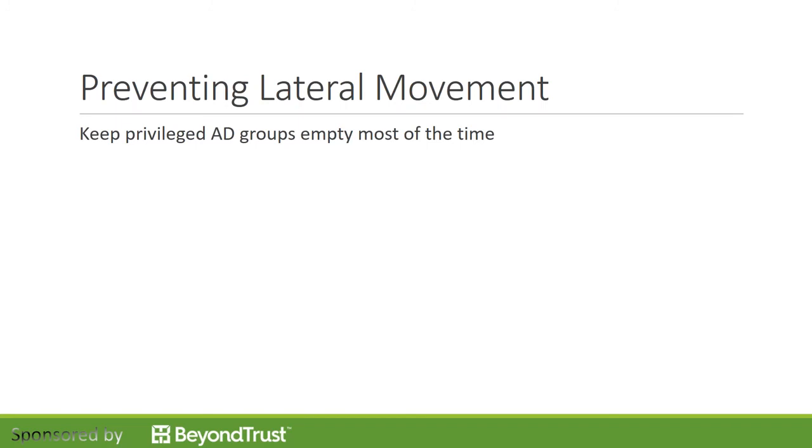Now the domain admins group and other privileged groups in AD should remain empty most of the time and only be populated when you need to perform administrative tasks on your domain controllers. What I will speak in more detail about in a few minutes is structuring your Active Directory so that it uses a tiered administrative model. And I'll explain exactly what I mean by that in the upcoming slides.